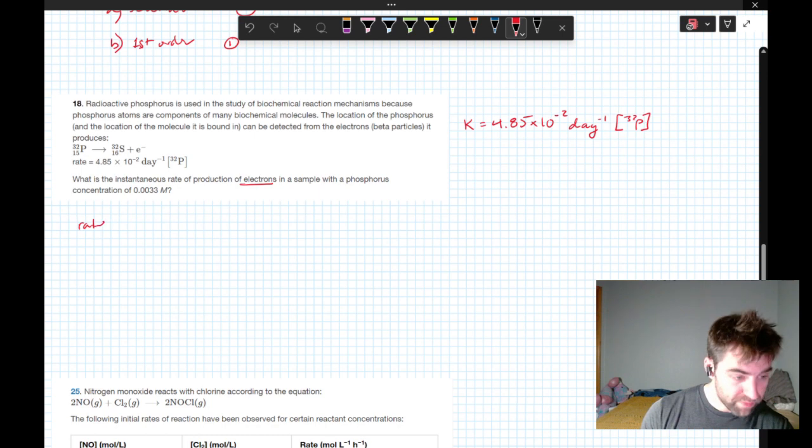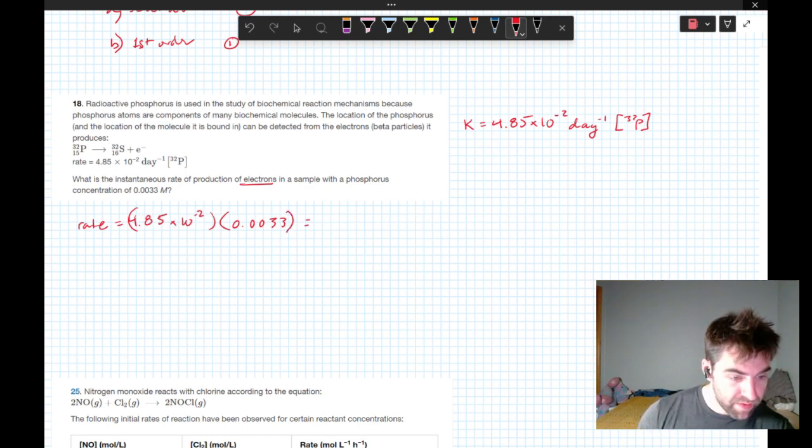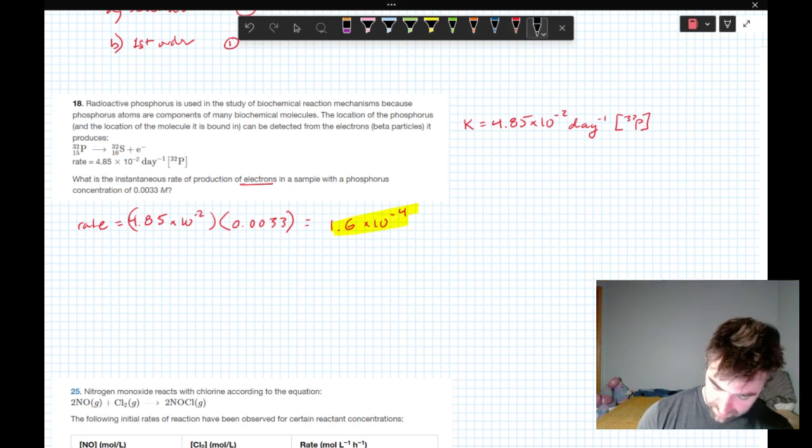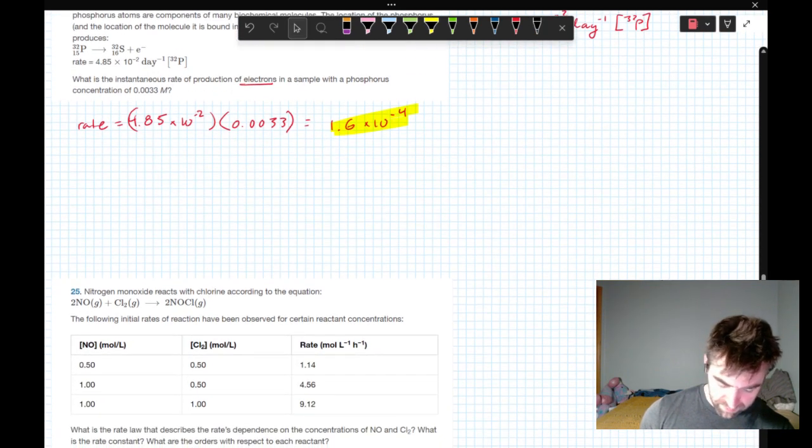So we should be able to just write this out, 4.85 times 10 to the negative 2 times our concentration of phosphorus, which would give us 1.6 times 10 to the negative 4 instantaneous rate of production, per day.